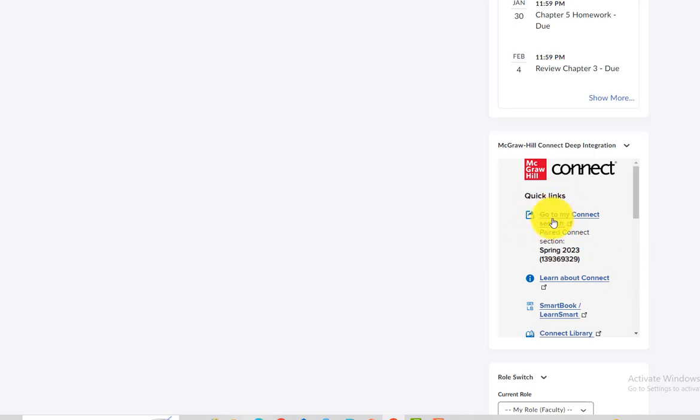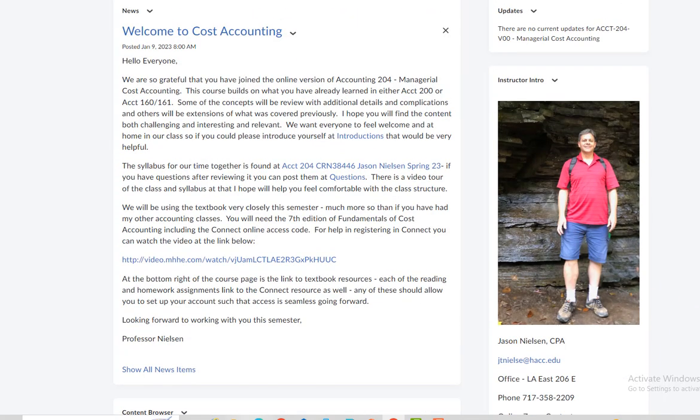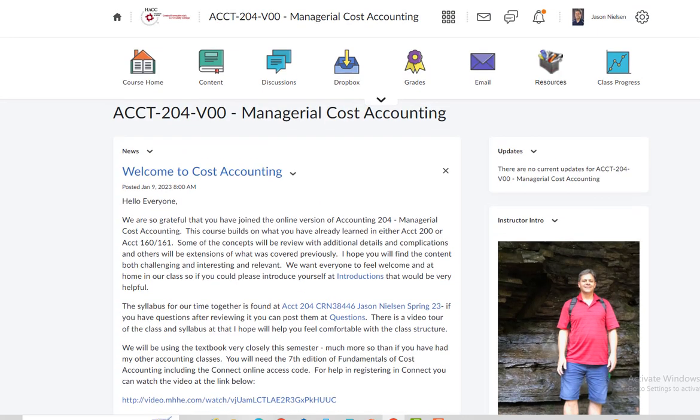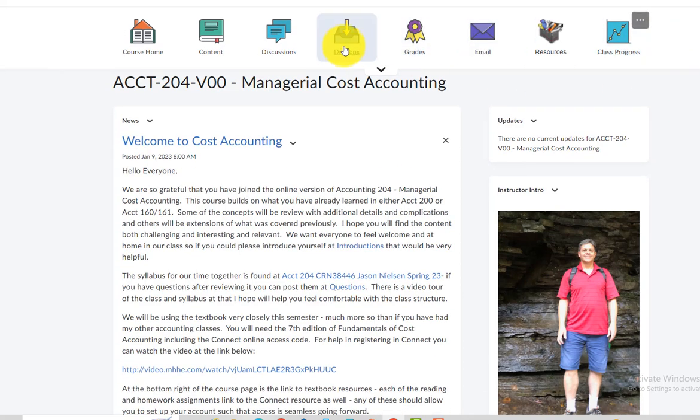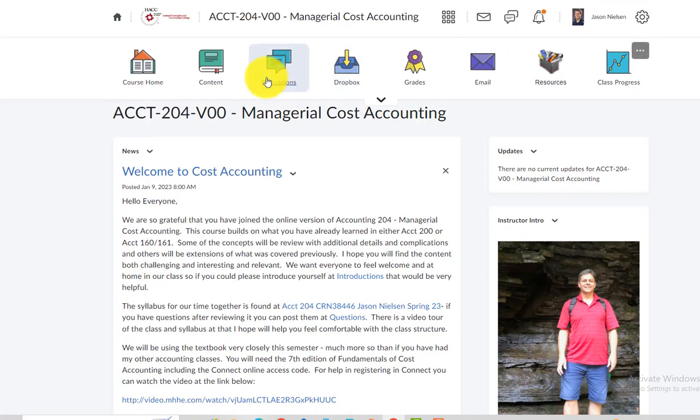This is how we'll do our reading reviews. This is how we do homework. All of them are connected this way, or there'll actually be links in the content to the resources. So to utilize the Connect system as well. So if you haven't gotten that textbook and that capability, please do so as soon as possible.